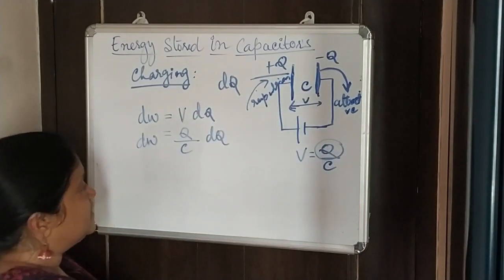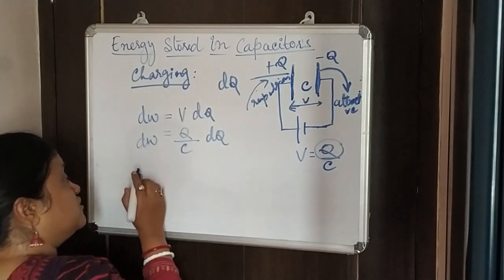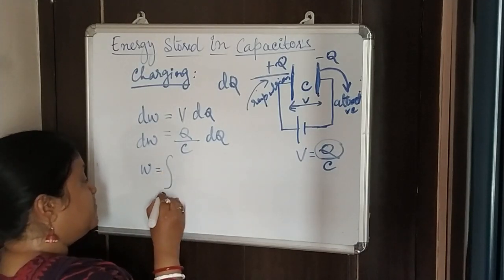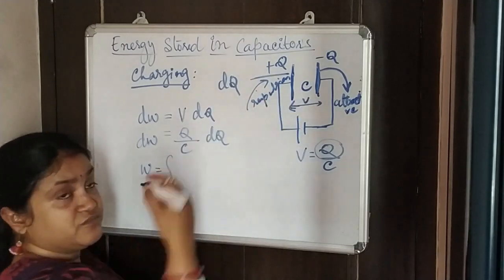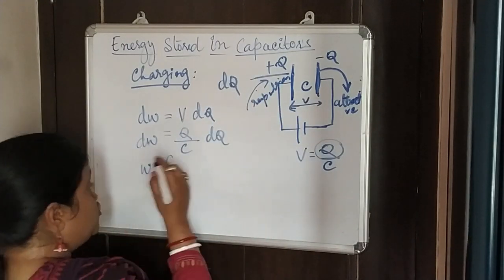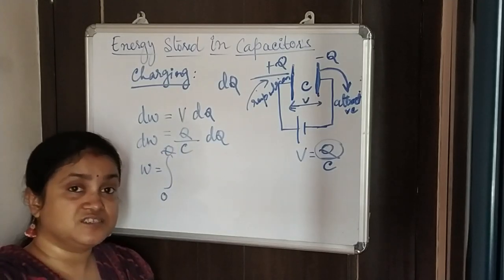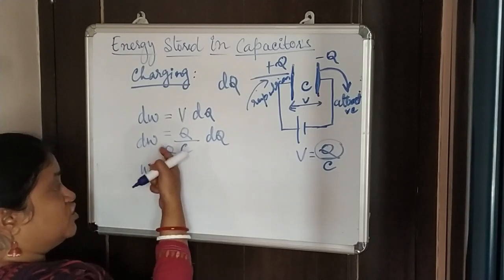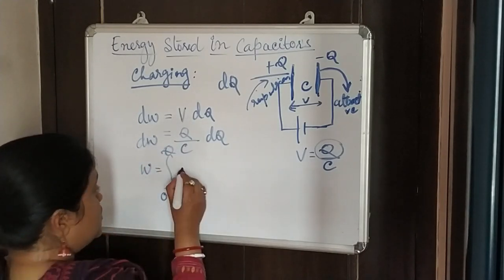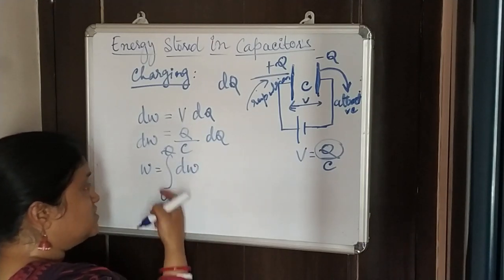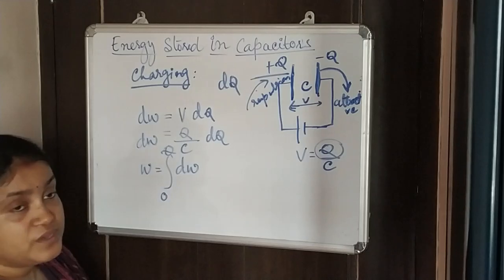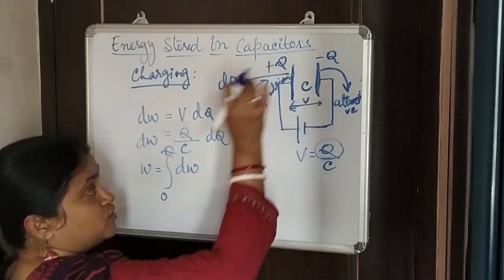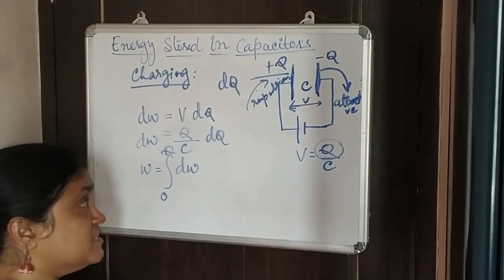Let's suppose the battery does certain work W, and this work has to be done from zero storage, when the capacitor wasn't charged at all, to a storage where the capacitor has a charge Q. So if we integrate dW from zero to Q, we get the total work done by the battery to store a charge Q inside the capacitor.